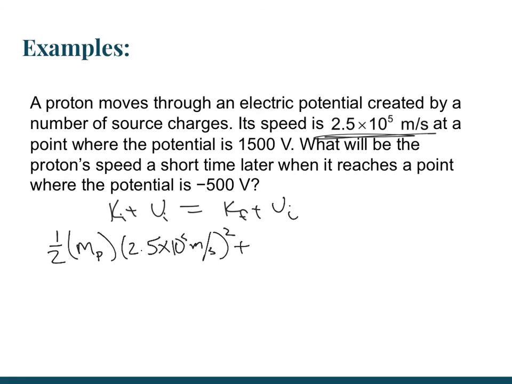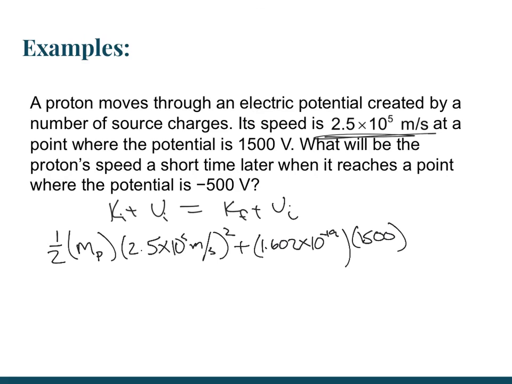And that is Q times V. So that's the charge of a proton, 1.602 times 10 to the negative 19th, times V, 1500. And that is the initial total energy of the particle.